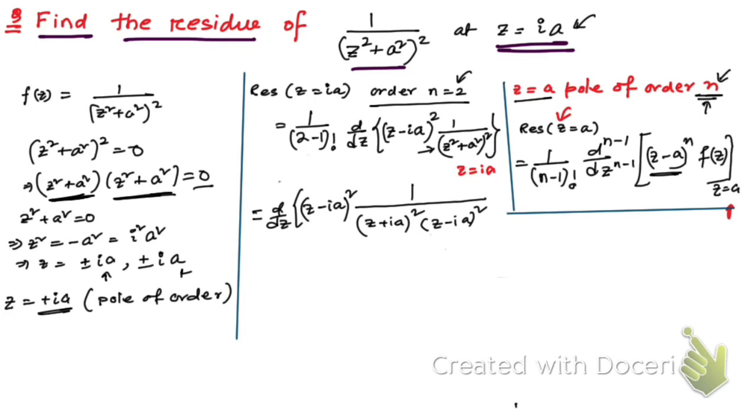So after differentiation, we are going to put z is equal to ia, right? Now you can cancel these two.